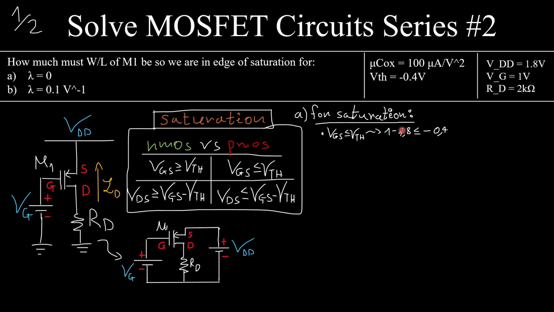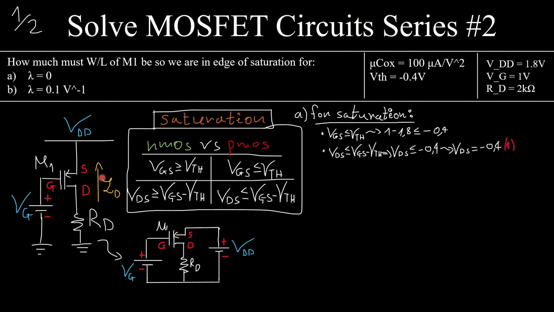So all of this is less or equal than VTH. On to the second condition, I'm putting this condition over here. So it is VDS is less or equal than VGS minus VTH.